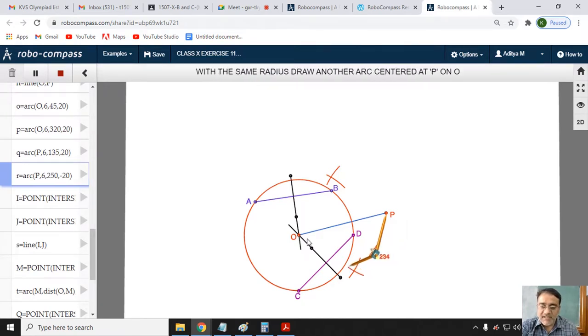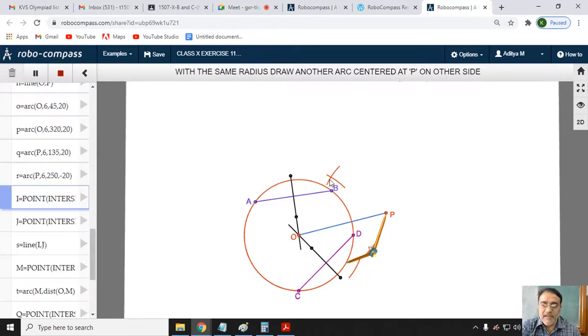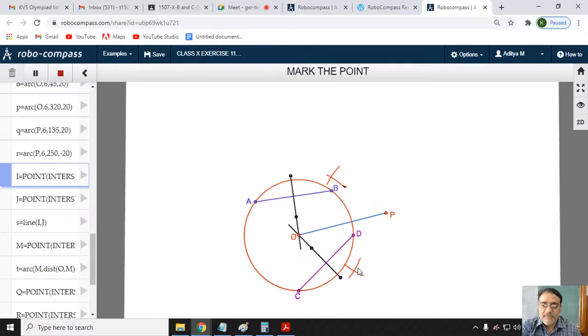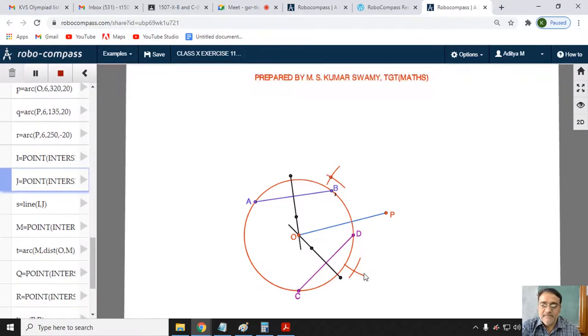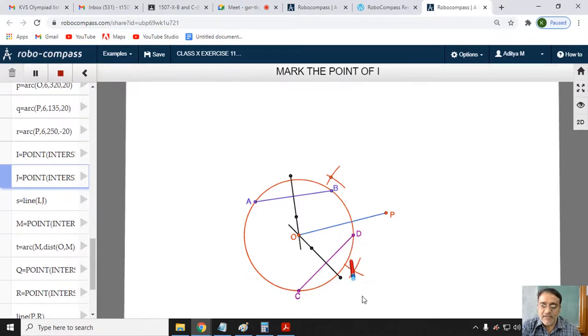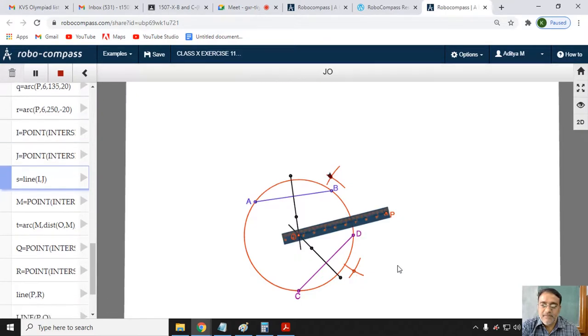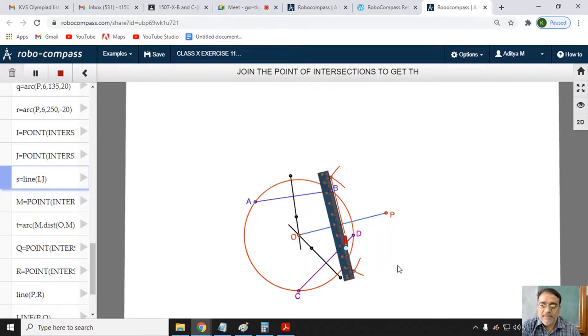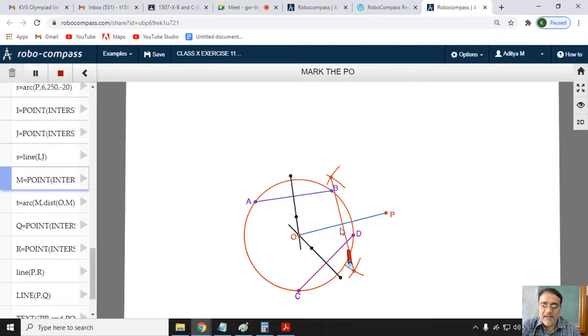So both will intersect at 2 points. Let the 2 points be I and J. Now we'll join these 2 points, which will intersect OP at point M.